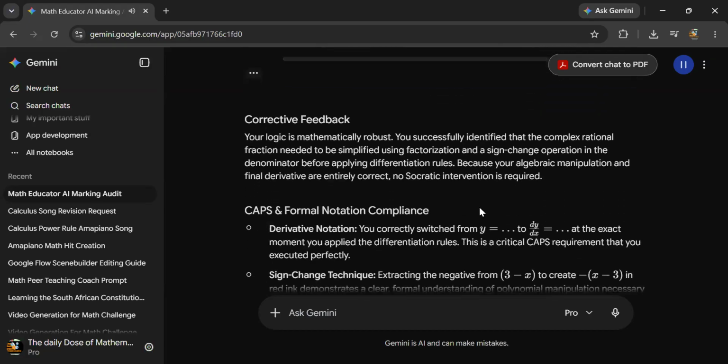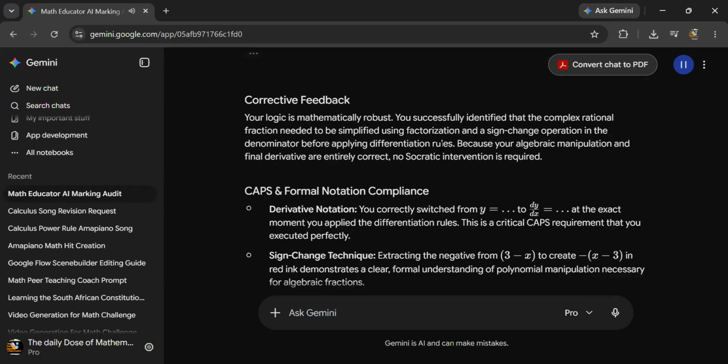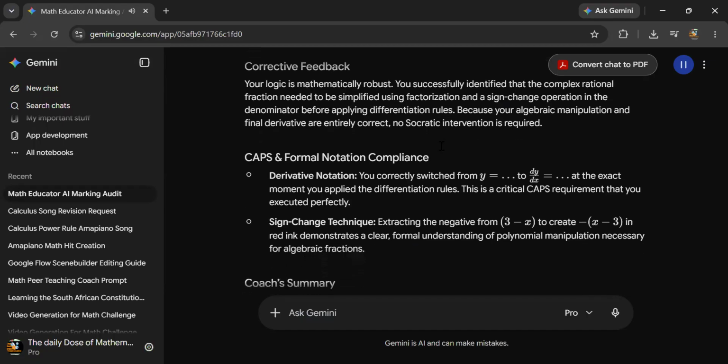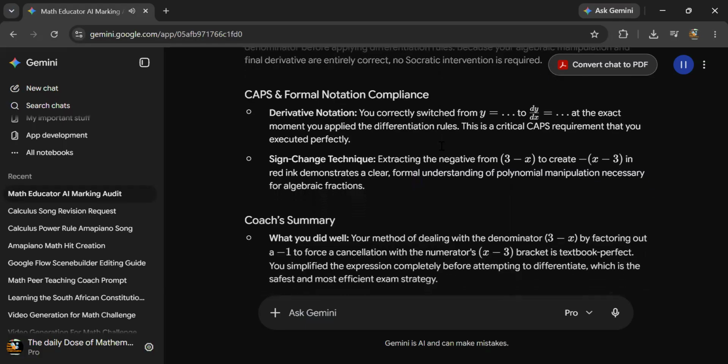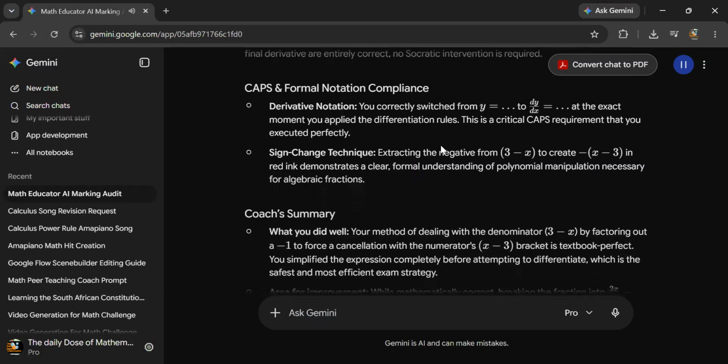Corrective feedback. Your logic is mathematically robust. You successfully identified that the complex rational fraction needed to be simplified using factorization and a sign change operation in the denominator before applying differentiation rules. Because your algebraic manipulation and final derivative are entirely correct, no Socratic intervention is required. CAPS and formal notation compliance. Derivative notation.